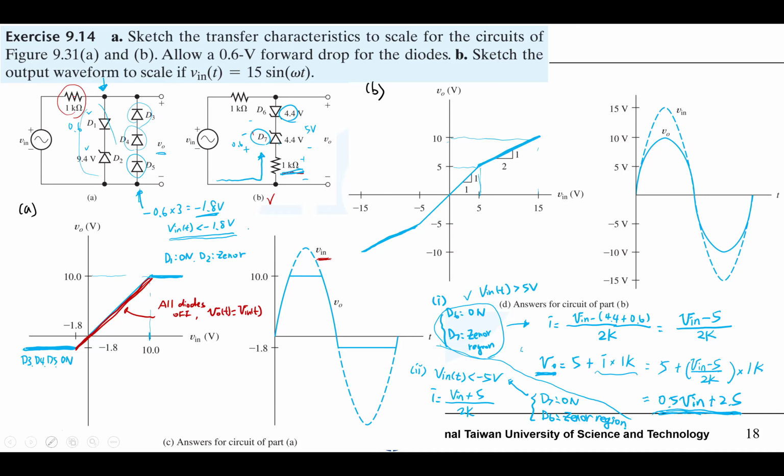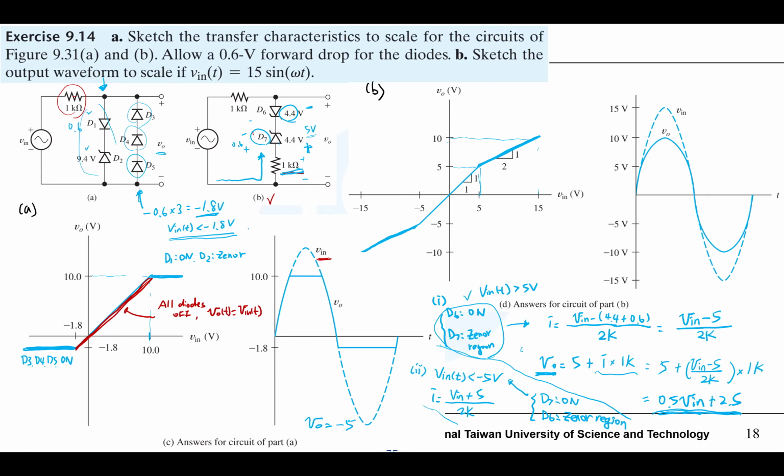Okay. And we need to estimate, since we have I, we need to estimate VO. So VO should be, remember, this is plus, negative. So this 5 volts drop is in the opposite polarity with VO, so it's minus 5.